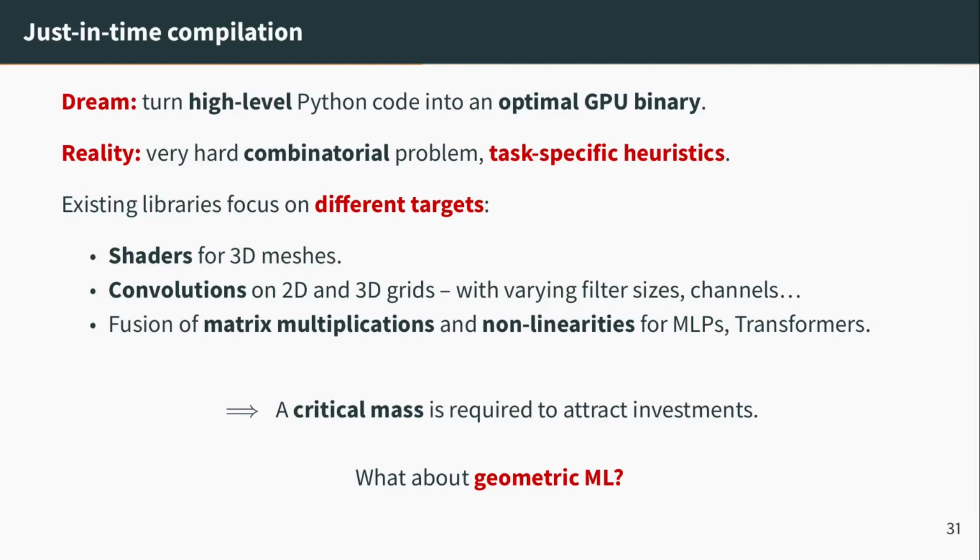So historically, the first community that used this just-in-time compilation framework is, as always, the gaming community. Basically, the people who develop rendering code. And so in this field, just-in-time compilation is known as shader compilation, because basically the programmers were writing a small snippet of code that explains how we should compute the shade of a given triangle given some illumination conditions.